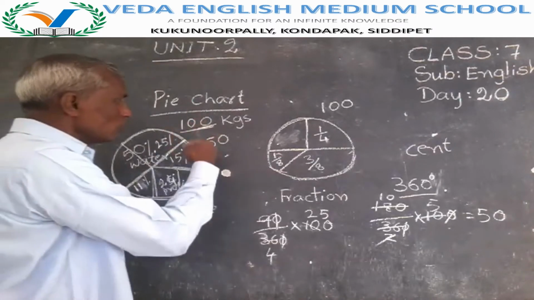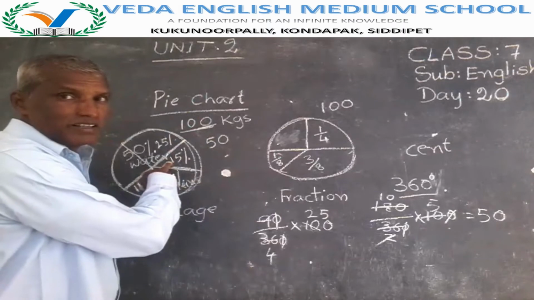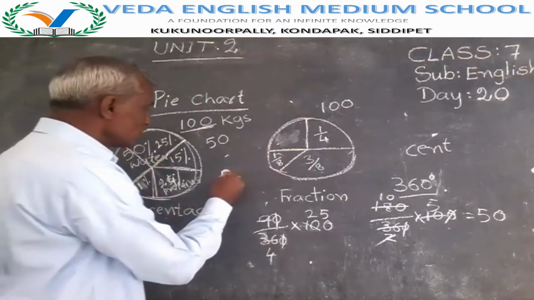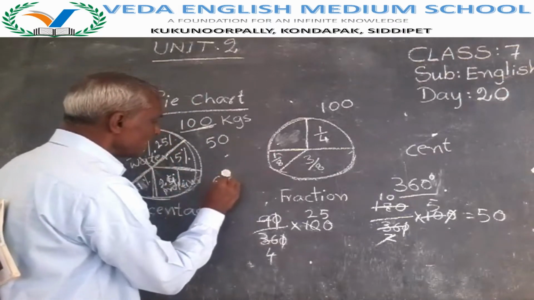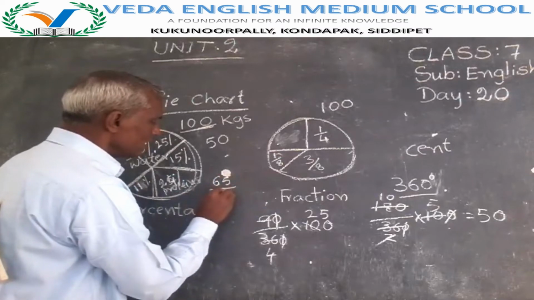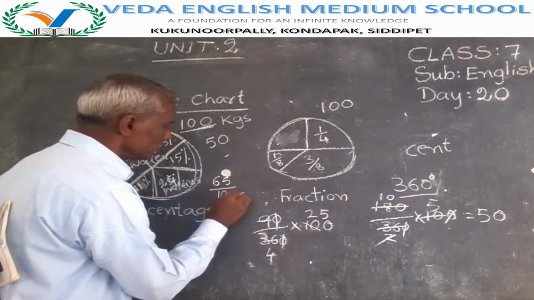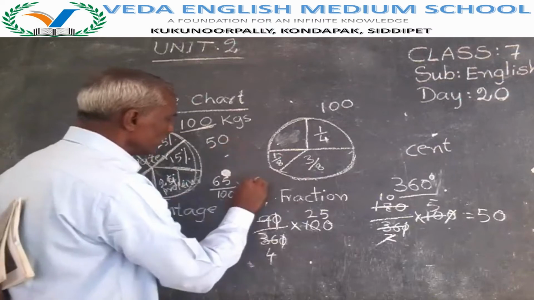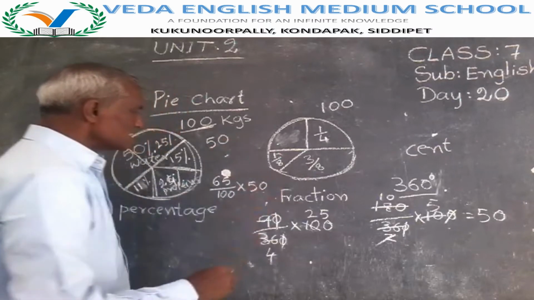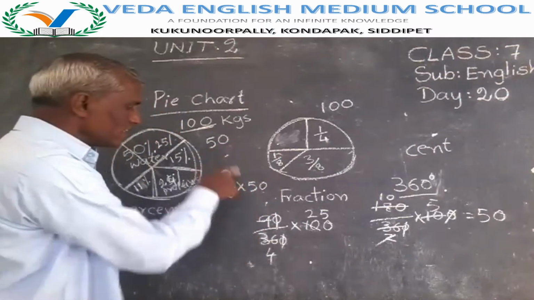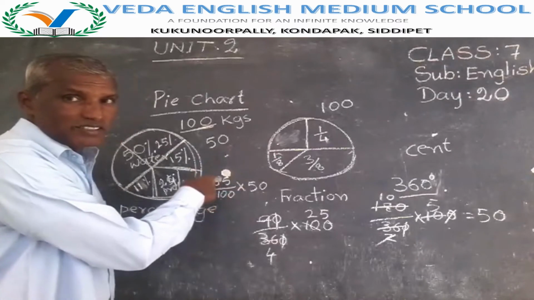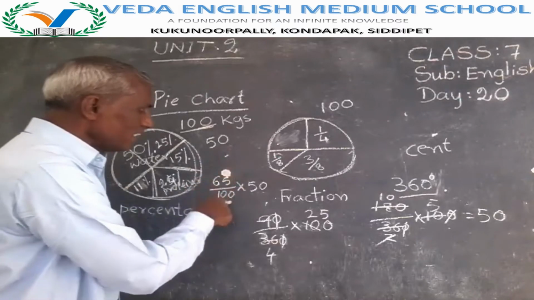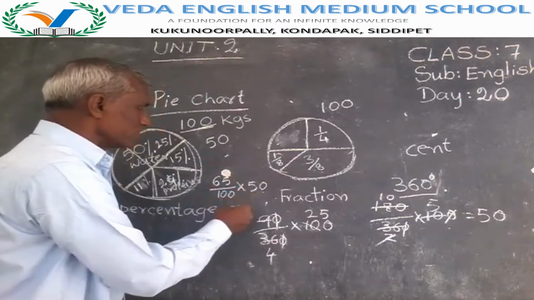Now what is the weight of the water? It is not 65 kgs. You have to change like this: 65 by 100 into 50. Actual weight is 50, percentage is 65, so you take 65 by 100 into 50.